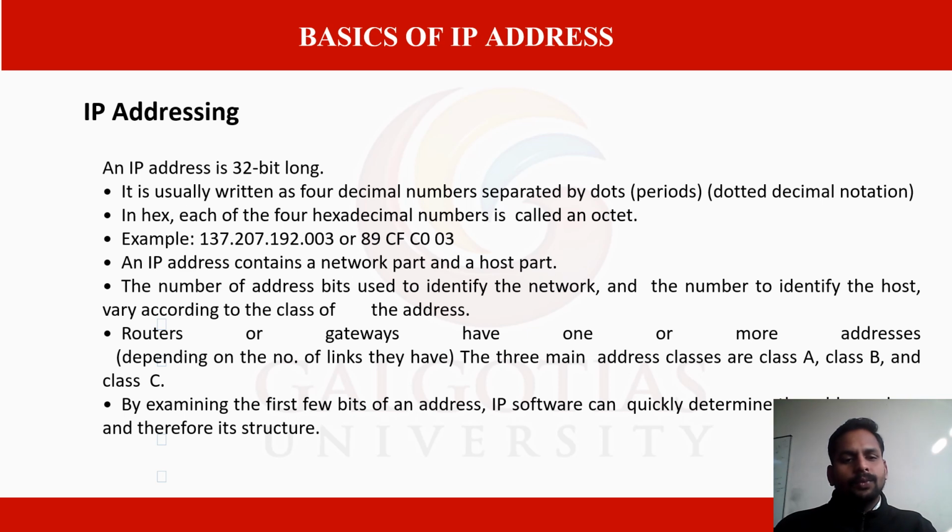So 137 falls under this category, and that is why we say this is a class B IP address. The corresponding hexadecimal values are also given here: for 137 it is 89, for 207 it is CF, for 192 it is C0, and for 03 it is 03. So that one is hexadecimal notation and this one is decimal notation.